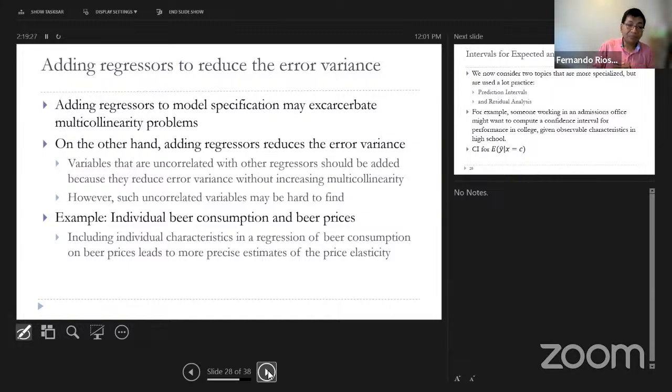For example, if what you're trying to estimate is something like the elasticity of beer consumption, and you add information that could be related to preferences, but not to prices, then you're going to have a more precise measure of the elasticity, because the variance of the coefficient is not going to be affected by adding more variables, because they're going to be independent from each other, and you're just reducing some of the unexplained values.